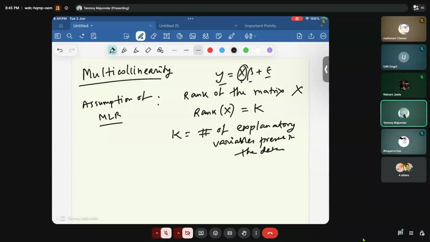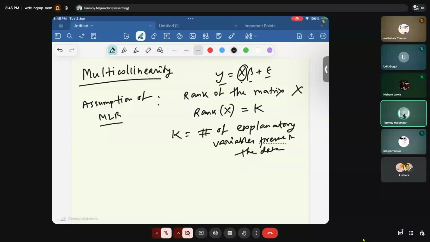This is the full rank matrix case we took as an example. But somehow we can get the rank of X less than k, and that is the case of multicollinearity.